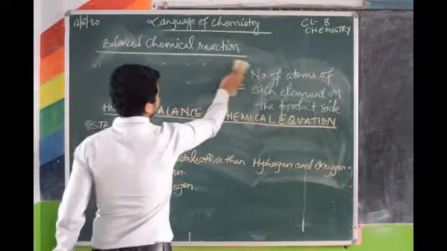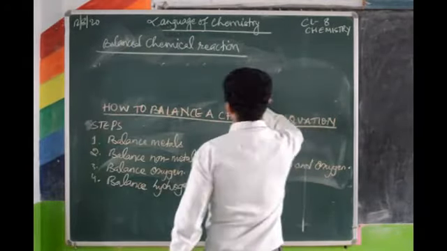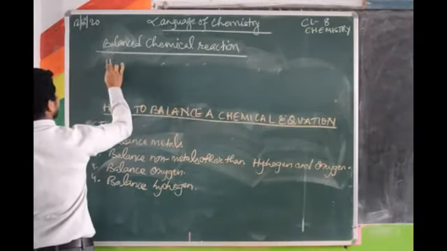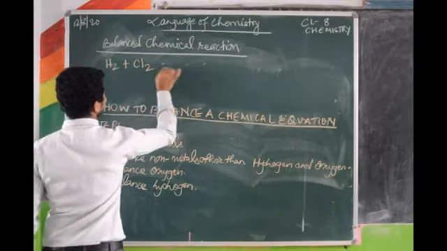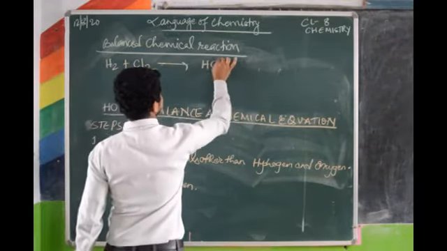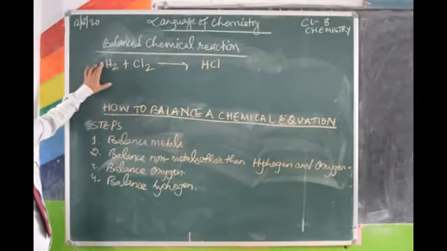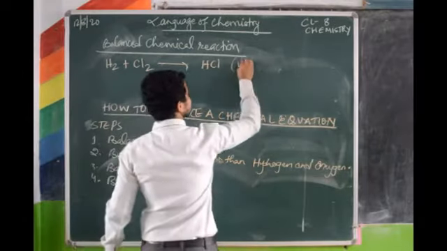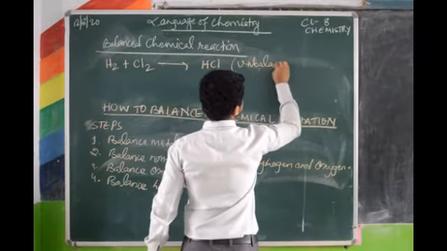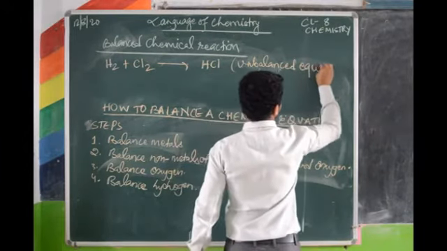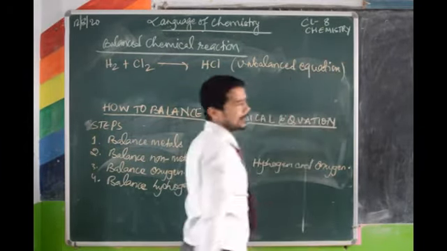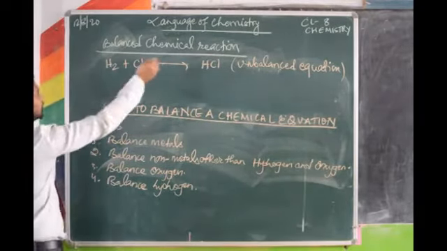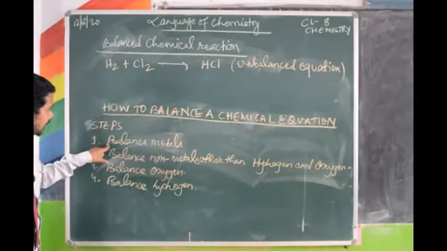Then we'll start with an example. So for example, the same reaction we'll be taking. H2 plus Cl2 gives HCl. Now here hydrogen is 2, chlorine is 2, here hydrogen is 1, chlorine is 1. That means this is an unbalanced equation. Now how to balance this? First of all, balance metals.